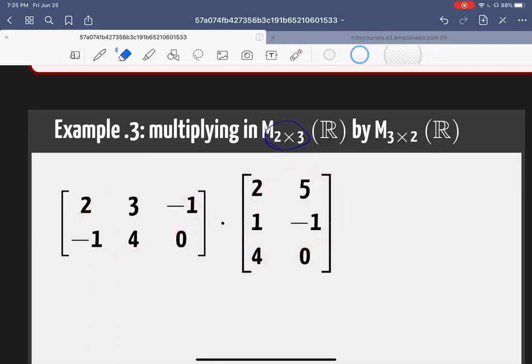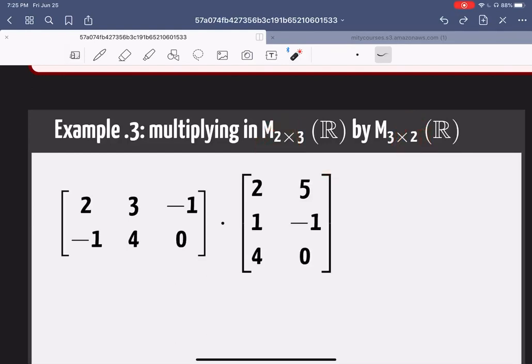The only number that has to match is this one: the number of columns on this one must match the number of rows on this one. As long as these two match, they're compatible. And the resulting matrix will be this number by that number. So in this case, if I multiply these two, I'll get a 2 by 2 matrix.